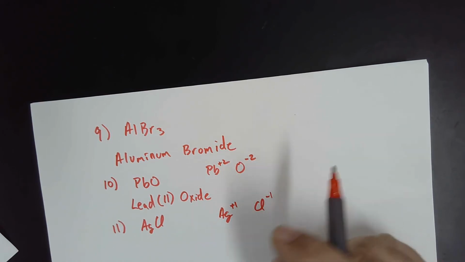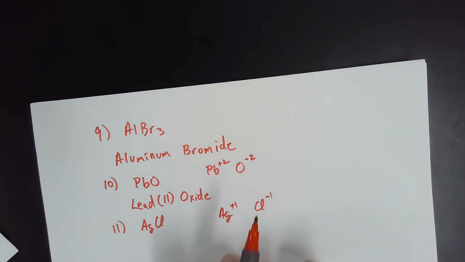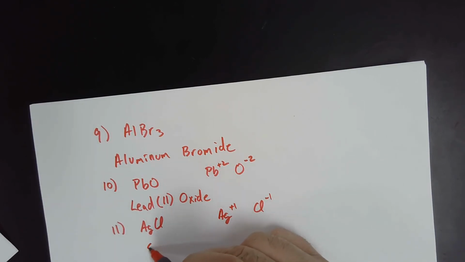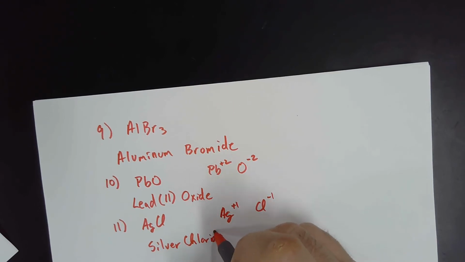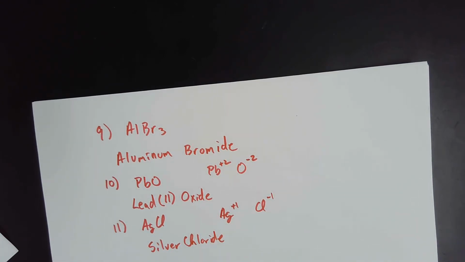This is a -1, so that's all good, right? Do I need a Roman numeral in this name? No. Why? It's not transition. We know it's only going to make one charge. So this is just going to be silver chloride. Everybody with me?